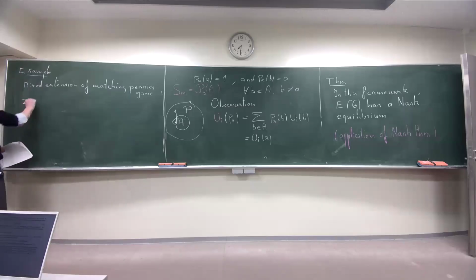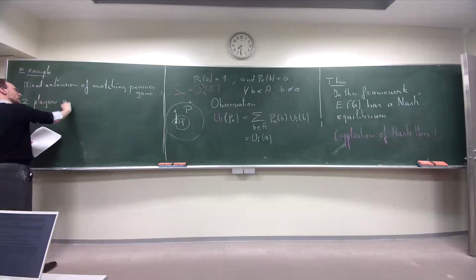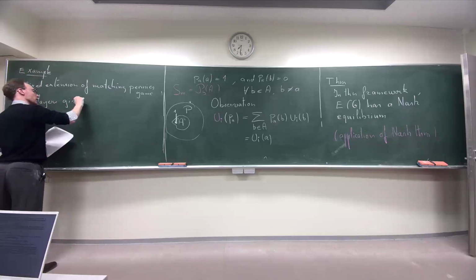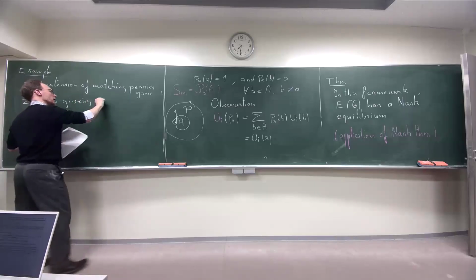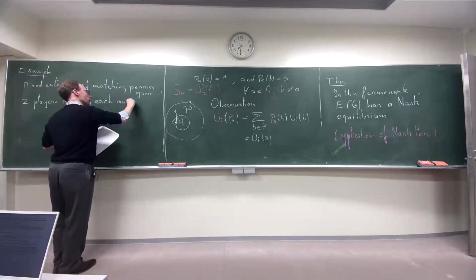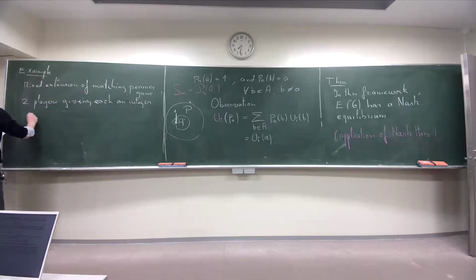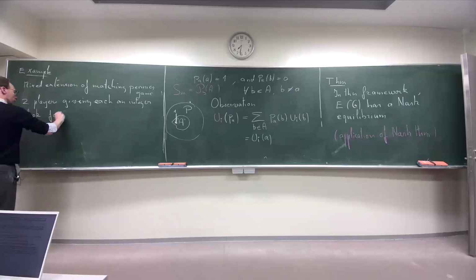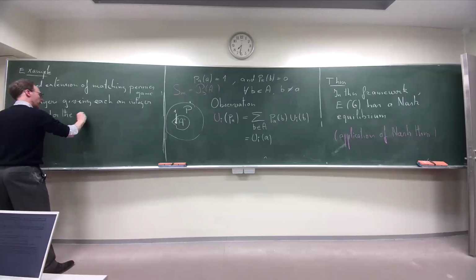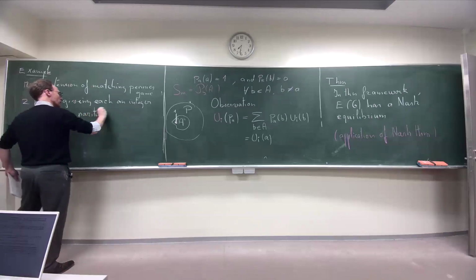So we have two players giving each an integer, and we look for the parity of the sum. Parity means even or odd.